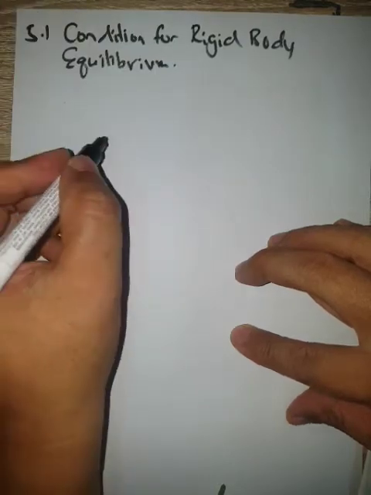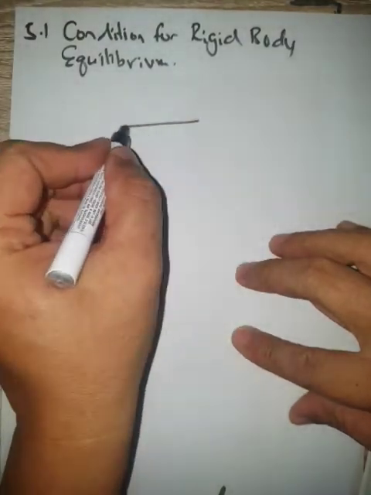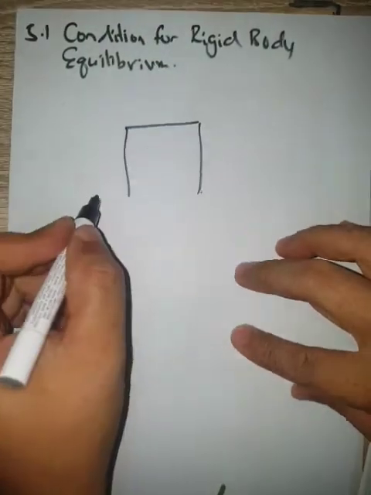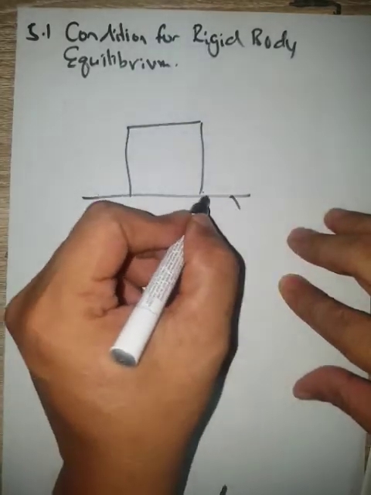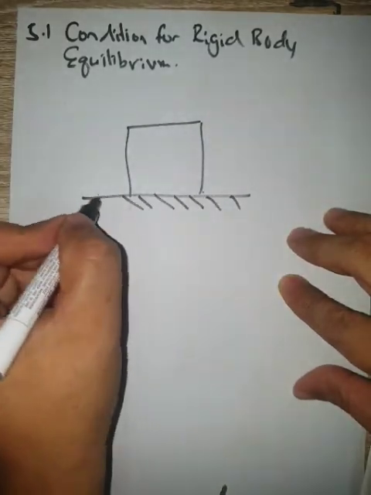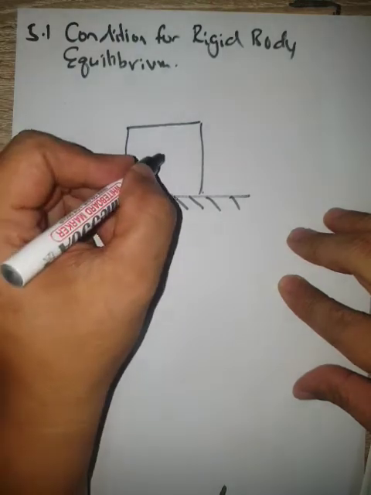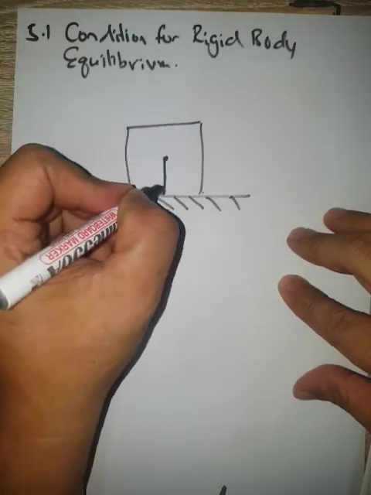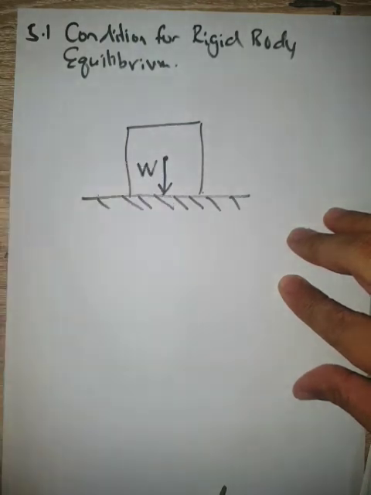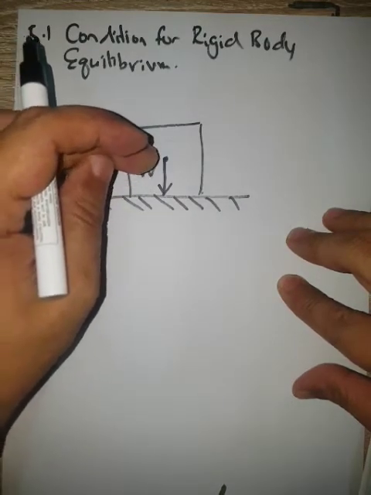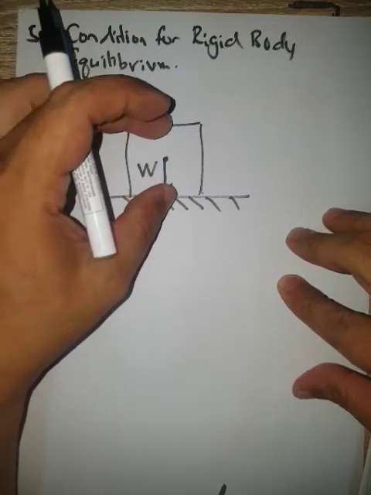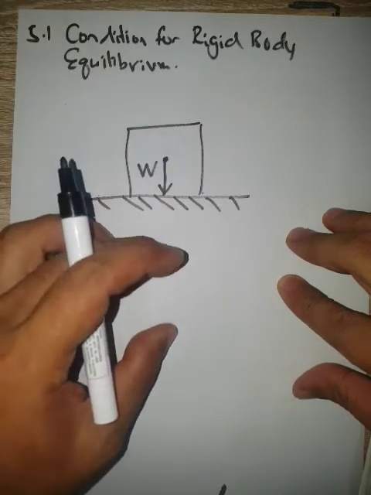Okay, for example, we have a box placed on the floor. Of course, the box has a weight W. Now the question: why does the box stay on the floor, and not move downward?